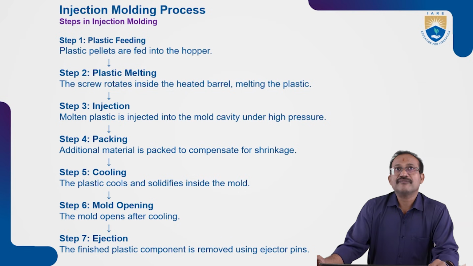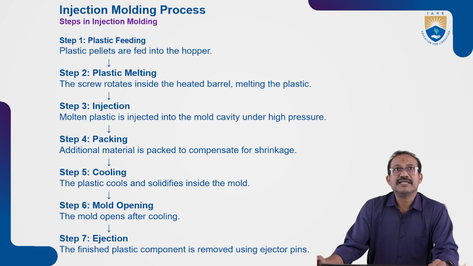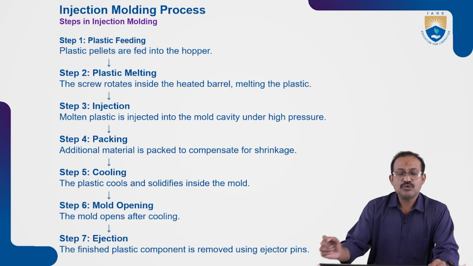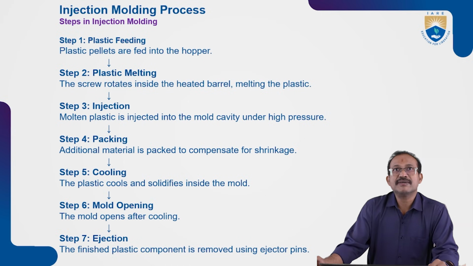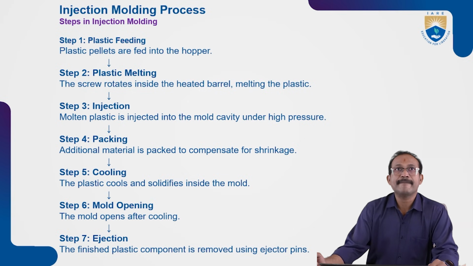Plastic pellets are fed into the hopper. Step 2: plastic melting. The screw rotates inside the heated barrel, melting the plastic pellets. So first, we feed the pellets of plastic into the hopper. Second, the screw rotates inside the heated barrel, melting the plastic, and it stirs.